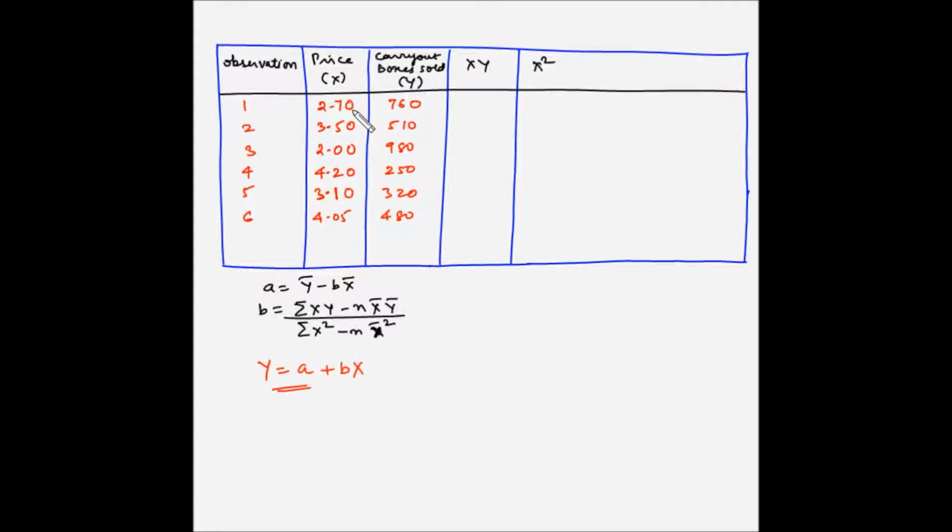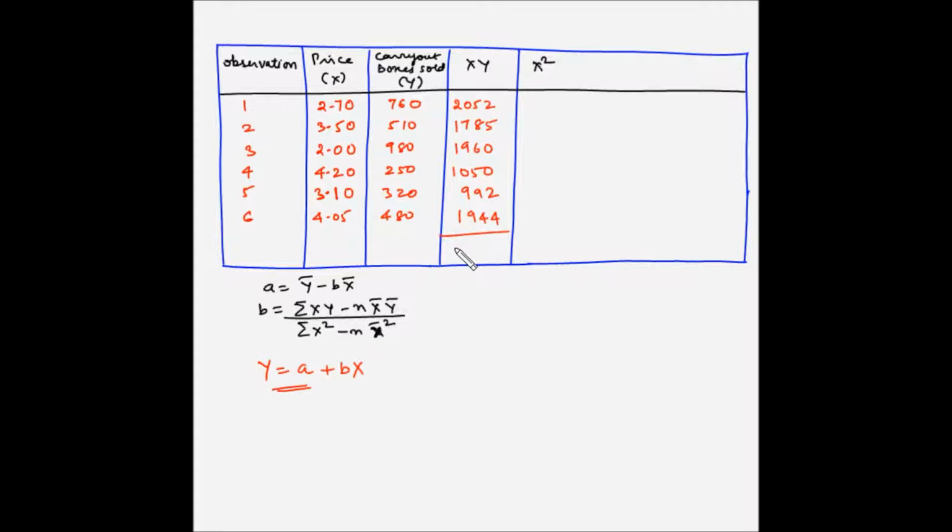So 760 multiplied by 2.7 is 2052. 3.5 multiplied by 510 is 1785. 980 multiplied by 2 is 1960. 250 multiplied by 4.2 is 1050. 320 multiplied by 3.1 is 992. 480 multiplied by 4.05 is 1944. Now let's take the sum of these values.